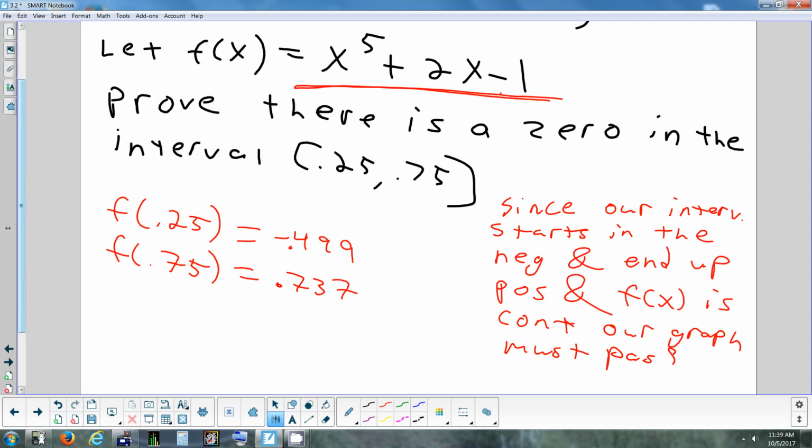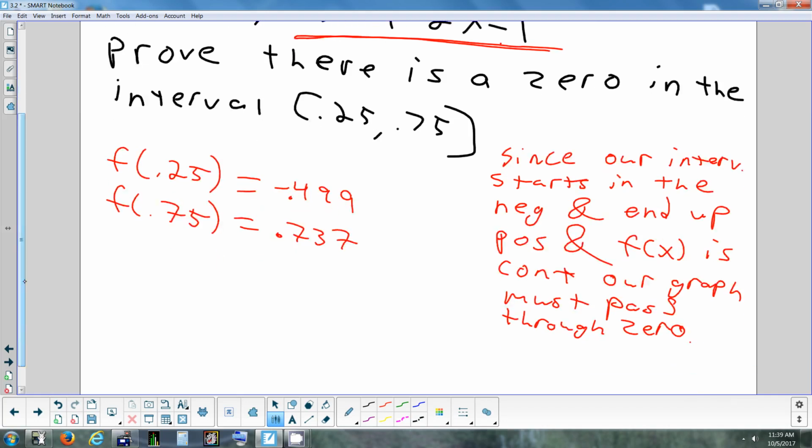Now, could it pass through 0 more than once? Sure. This is a graph that can take up to 4 turns. Maybe between 0.25 and 0.75, it looks like this. If you zoom in. Well, actually, it starts negative. So it starts in the negatives.